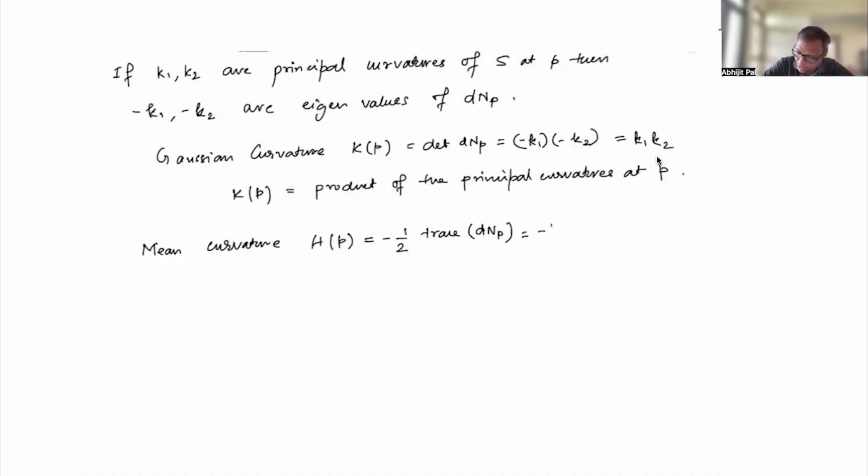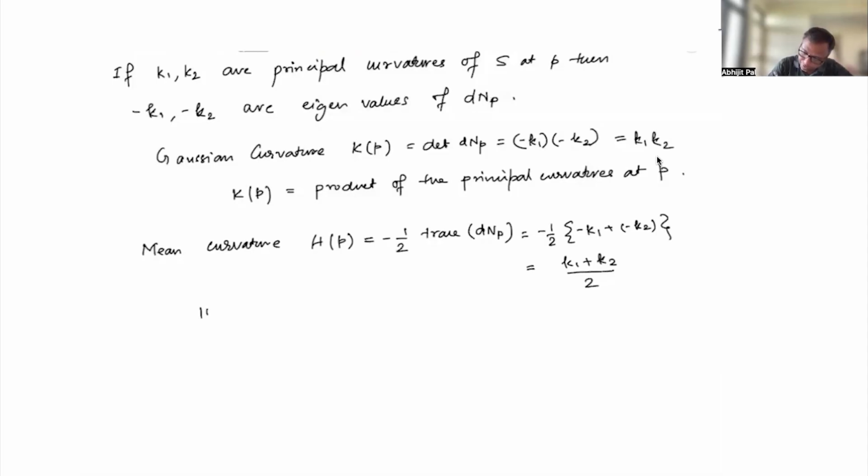So this is equal to minus half times minus K1 plus minus K2, which is equal to (K1 plus K2) divided by 2. Okay.